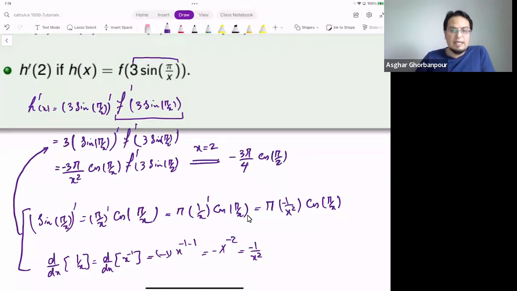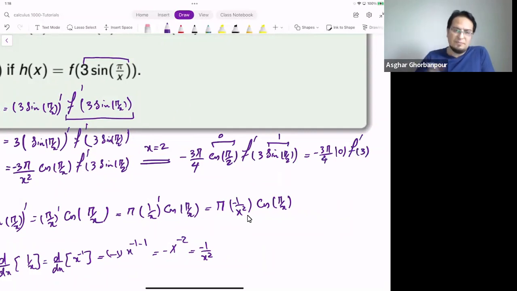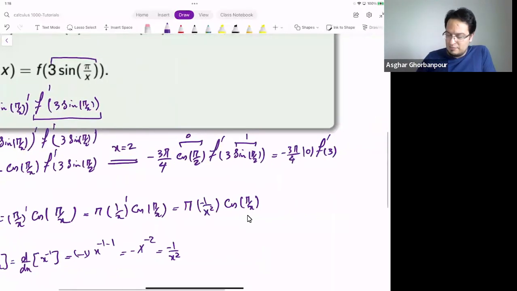I'm plugging in x equal to 2, and this will be f prime evaluated at 3 times sine of pi over 2. Sine of pi over 2 is 1, but cosine of pi over 2 is 0. So that means we have 0 times f prime at 3. Well, f prime at 3 you can find from the table, but the whole thing will be equal to 0.